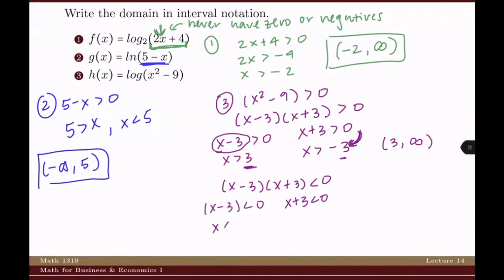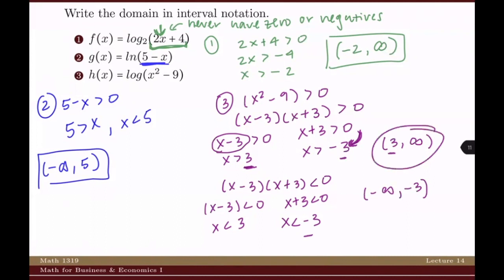So this is going to be x is less than 3, and this is going to be x is less than -3. And similarly, when we were greater than, we chose the larger number. When we're less than, we're going to choose the smaller number. So this is going to be -infinity to -3.